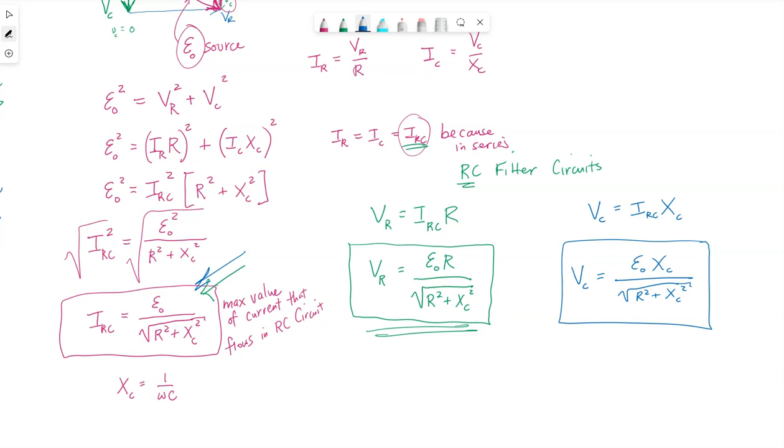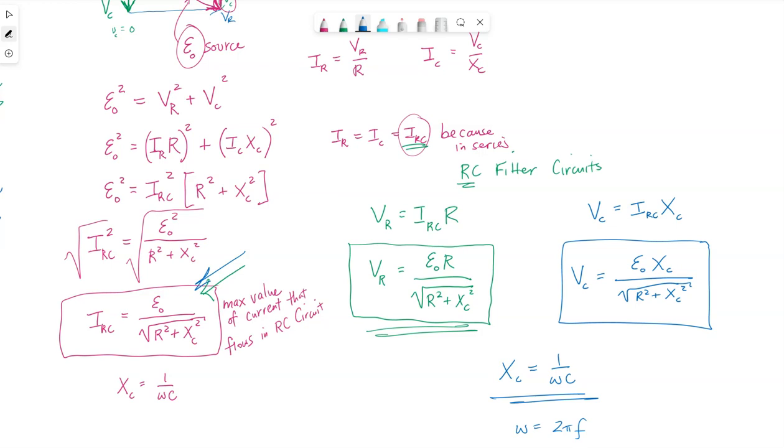Now, both of these will vary if the oscillation rate of the source varies, and that's because XC will change based off of frequency. Omega is angular frequency, so that's just a conversion of units from cycles per second to radians per second. So if we change even just the frequency of the source, that is going to change the current and thus the voltage across either element.